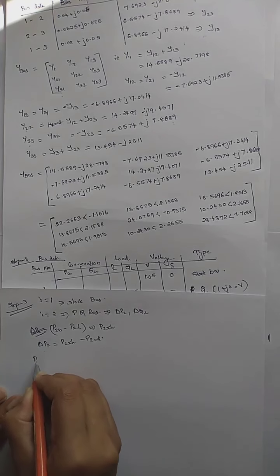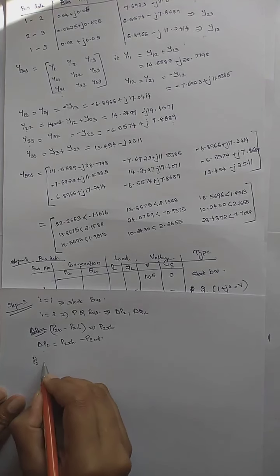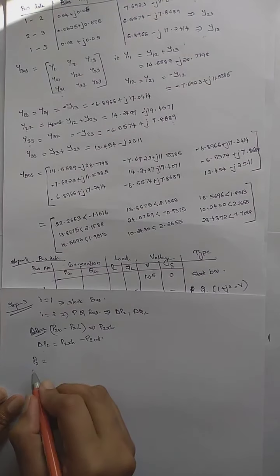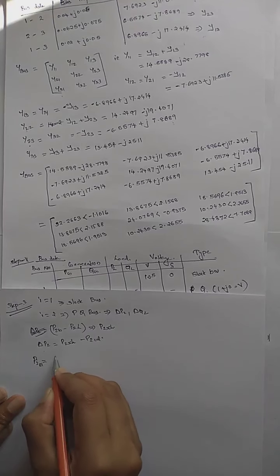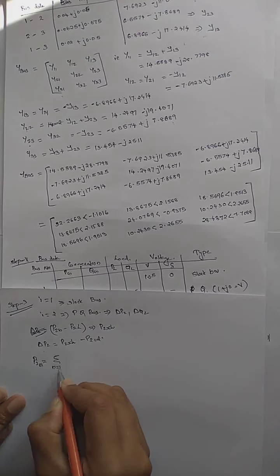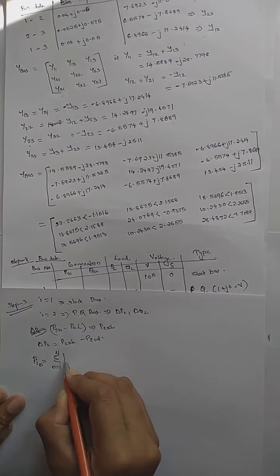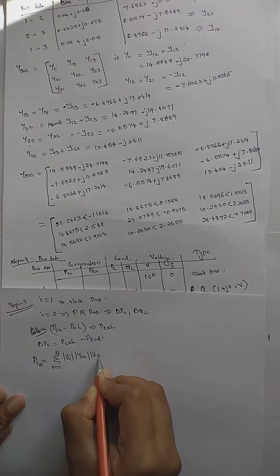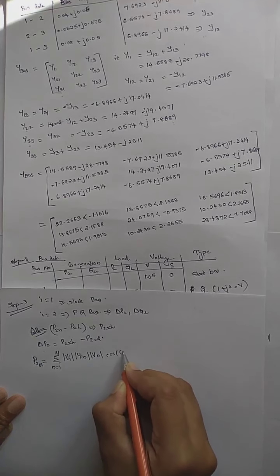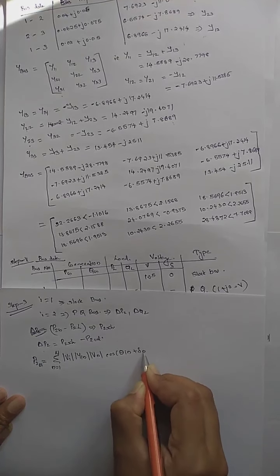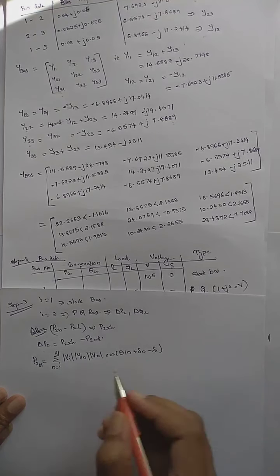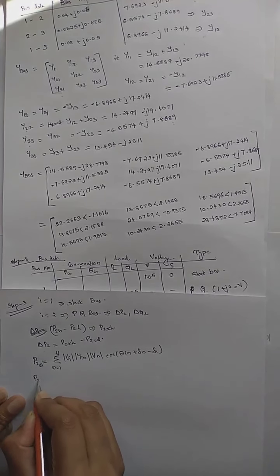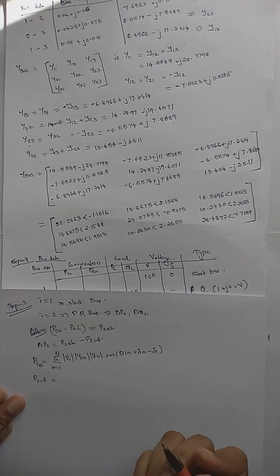So we have to write our equation. What is the equation for Pi calculated? Pi calculated is equal to sigma n is equal to 1 to n, that is Vi Yin Vn cos(theta in plus delta n minus delta i). This is the equation.